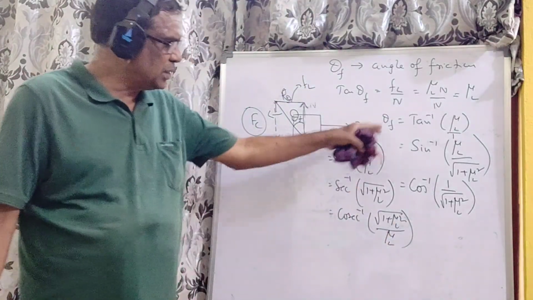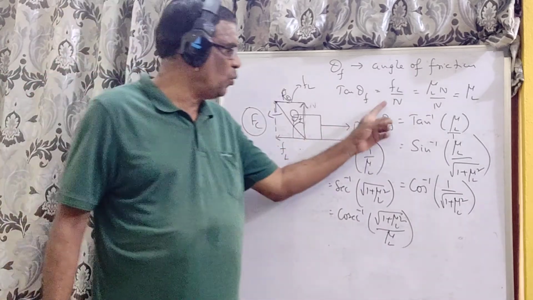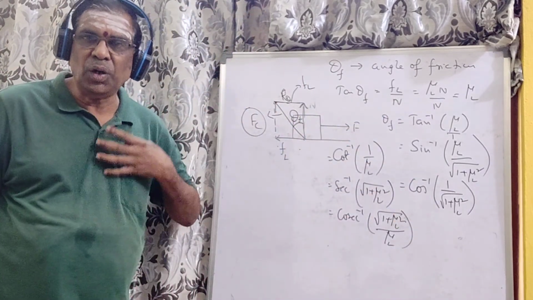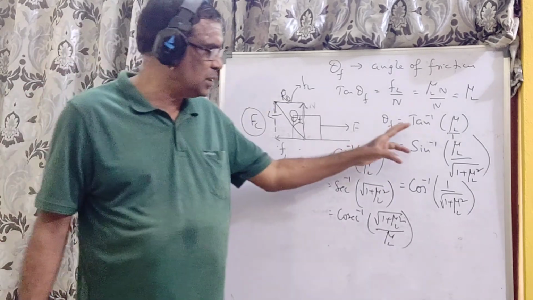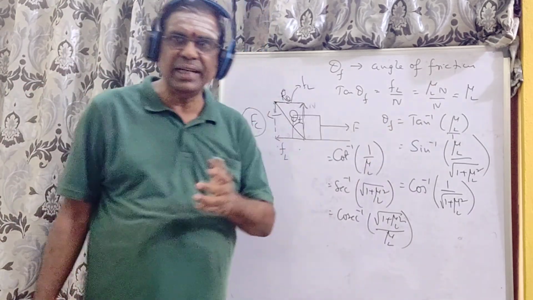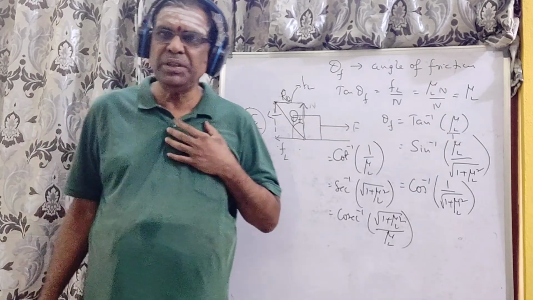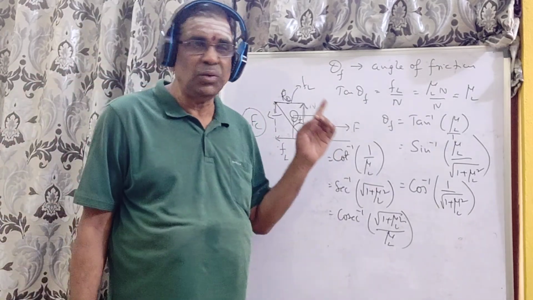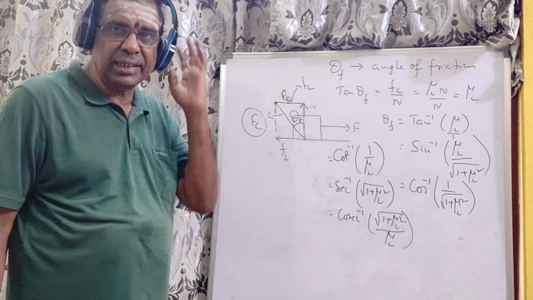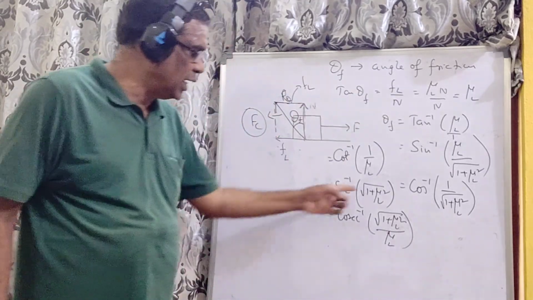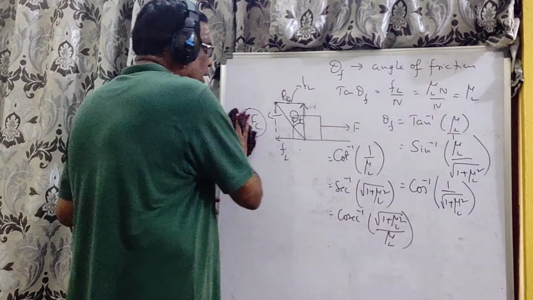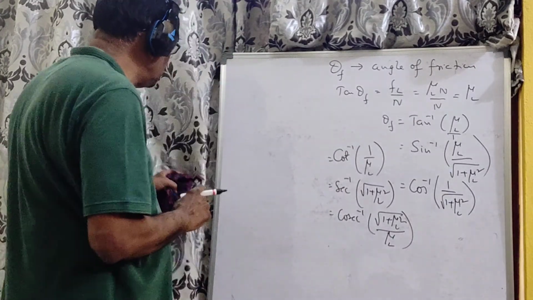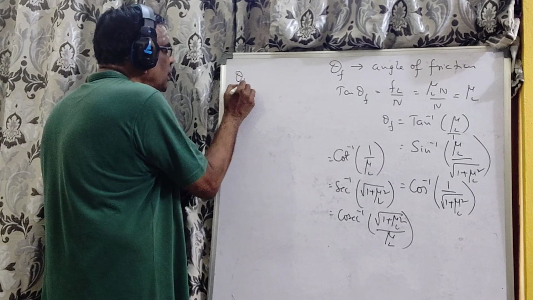I just purposely wrote this. The moment you know one, all others are automatic. So do not look for options only in terms of tan inverse. In fact, trigonometry could be misleading sometimes if you try to memorize these things and then confine to only that. Likewise, you can do it. Okay?